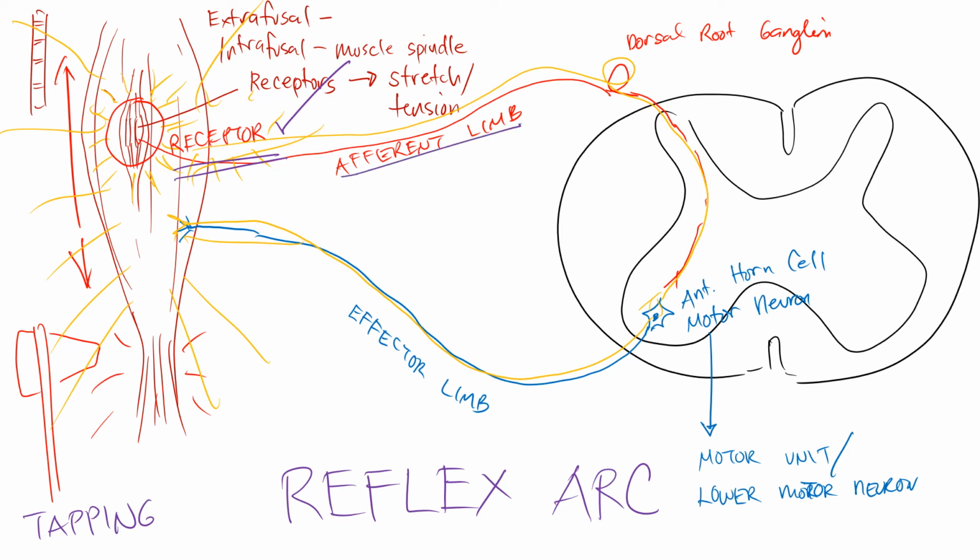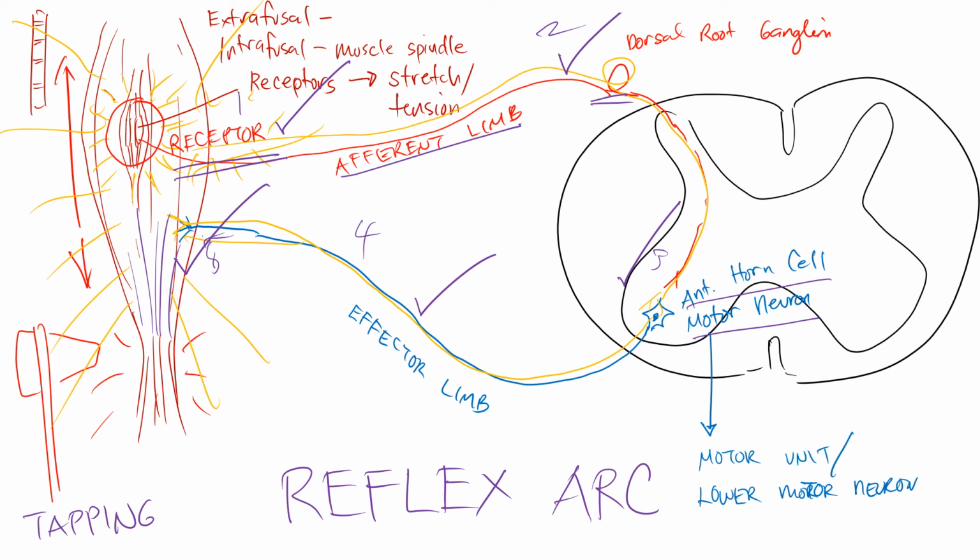Your sensory fiber and your sensory neuron are intact. Your motor neuron is intact. Your motor fiber is intact. And your muscle, your effector organ, is intact. So a single tap will tell you how many? 1, 2, 3, 4, 5. At least 4 or 5 or more structures being intact.